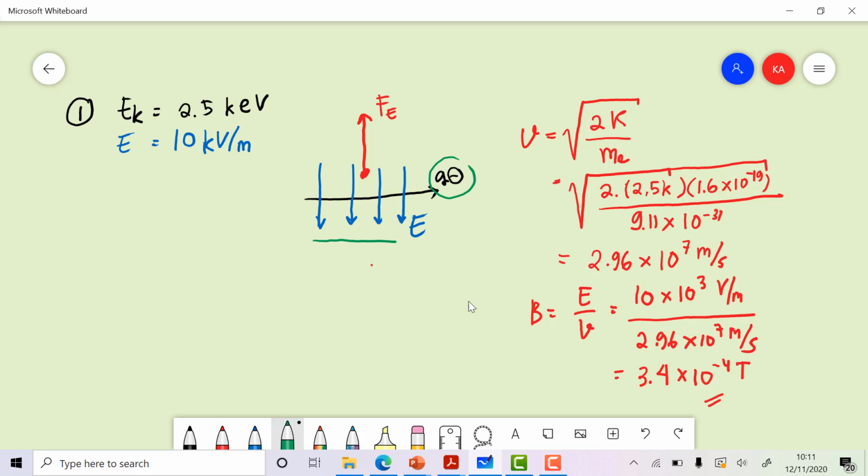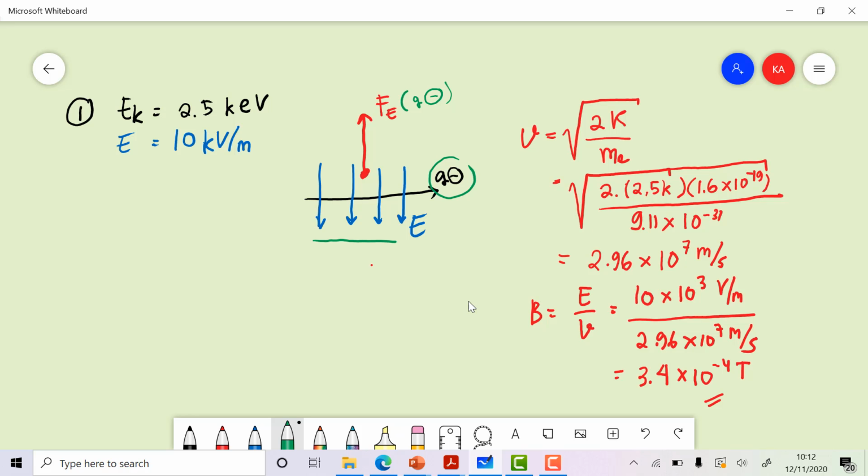Because the charge is an electron, the electric force is in the opposite direction to E. If you forget, please remember chapter 2 about electric fields.